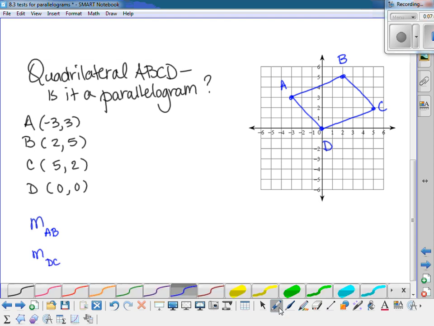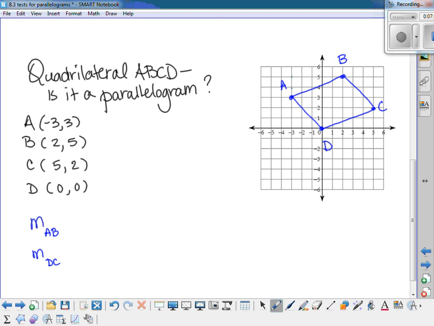So for AB, I'm going up 2 and over 5, so it equals 2/5. For DC, I'm also going up 2 and over 5, it's 2/5. So because they have the same slope, I know that AB is parallel to DC.